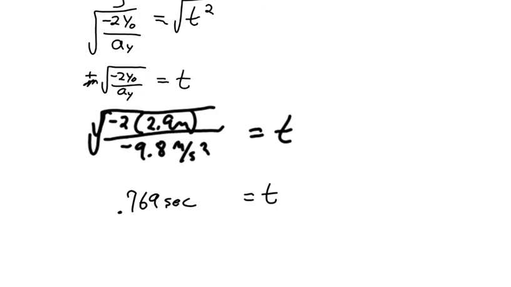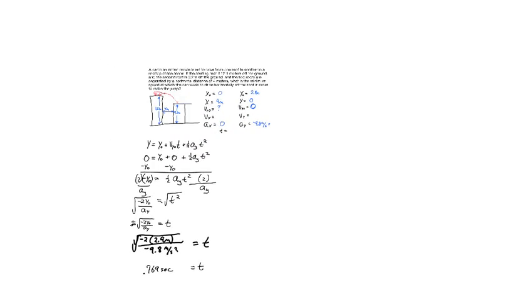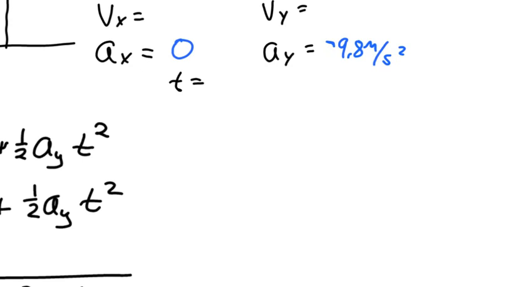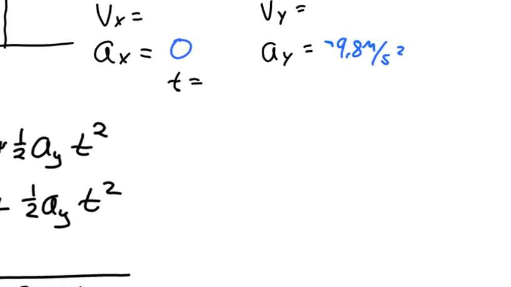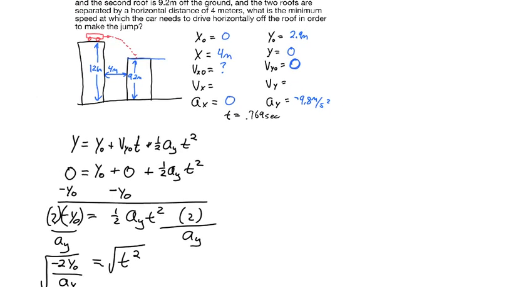And so we'll take that value and put it back up here with our given information. It's 0.769 seconds. Okay, and let's reevaluate now. We were trying to figure out how fast the car would have to be moving when it left the first roof over here in order to make it to the second one.